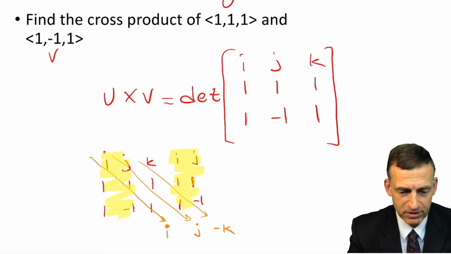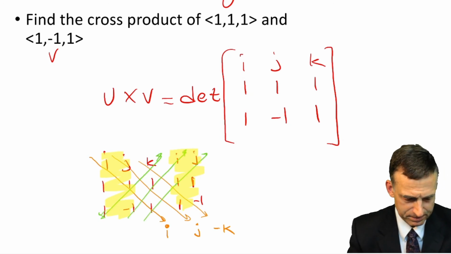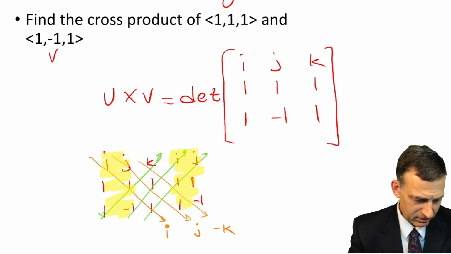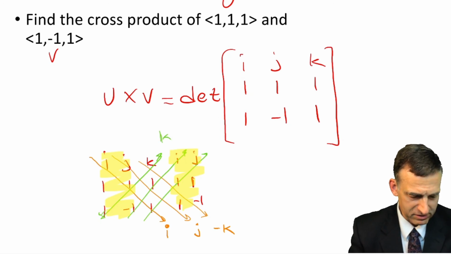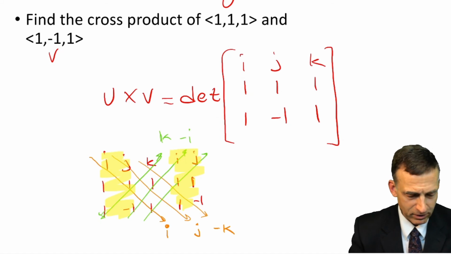Now we'll do the same thing with the up diagonals. That's this, this, and this. This up diagonal is 1 times k, which is k. The next one is negative 1 times I, which is negative I. And then 1 times j, which is j.